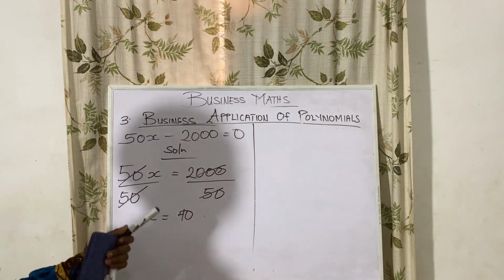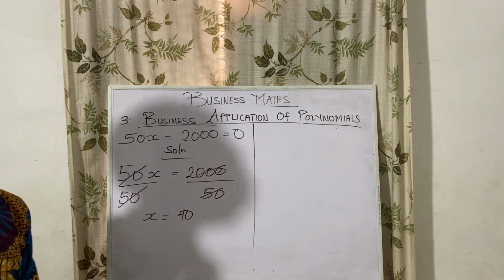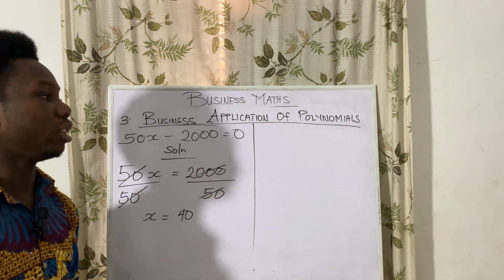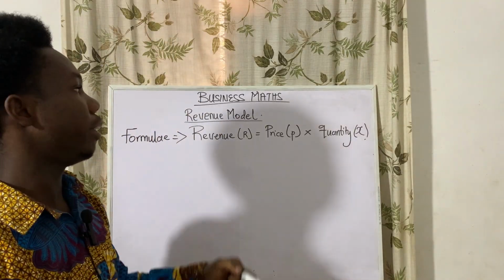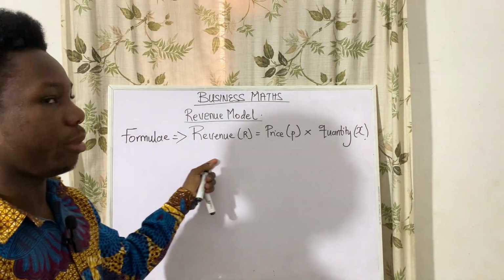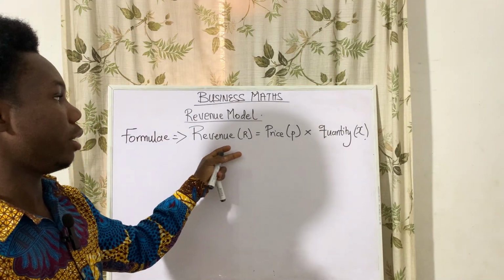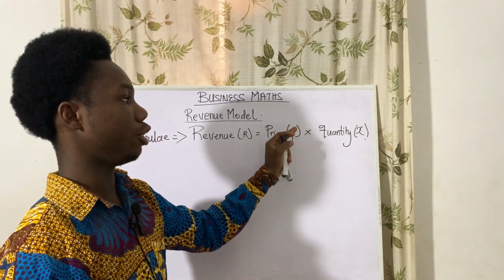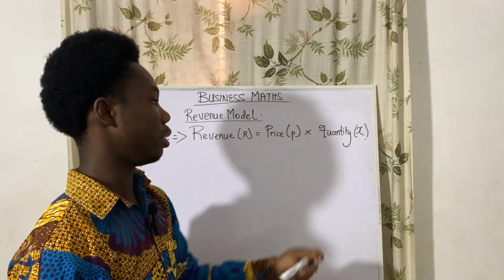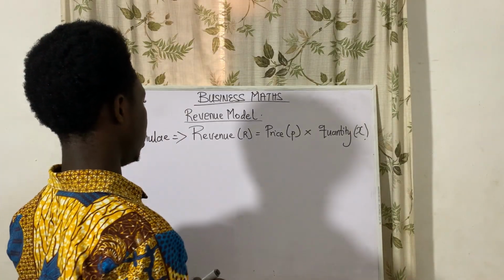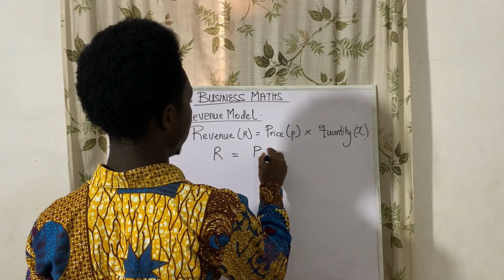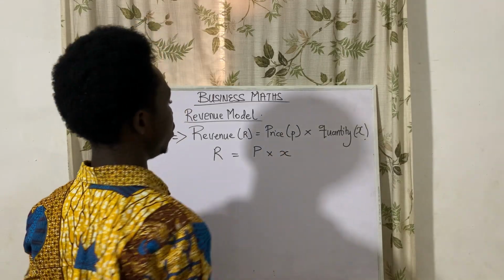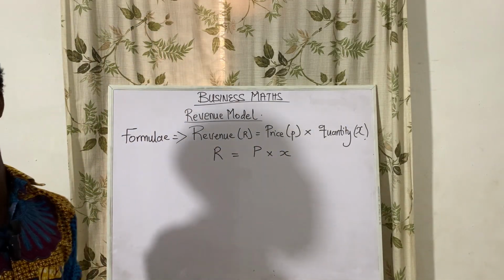Now, let's move to the quadratic revenue model. This is the formula for the revenue model: revenue is equal to price, that is P, times quantity X. So R is equal to P times X, where X is our quantity.